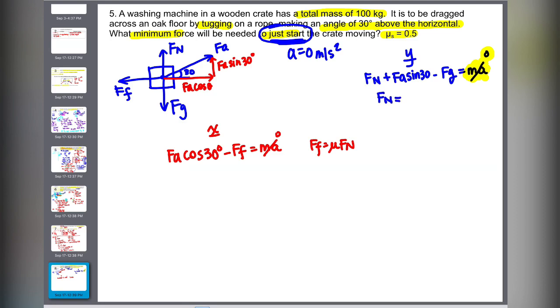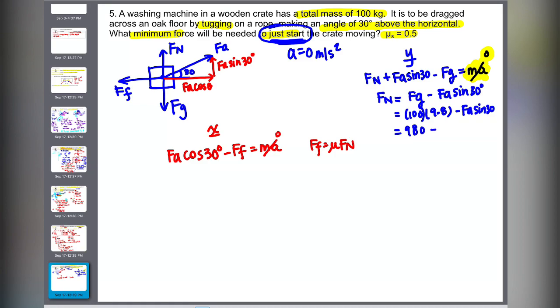So figure out what FN is. Putting FG to the other side, it becomes a plus. Putting FA to the other side, it becomes minus. So mg minus FA sine 30. Clean it up.